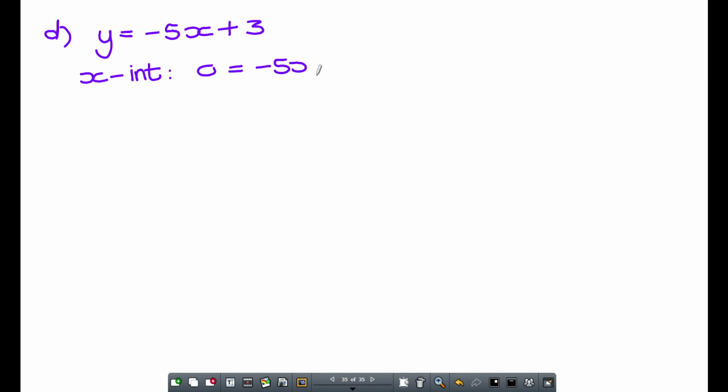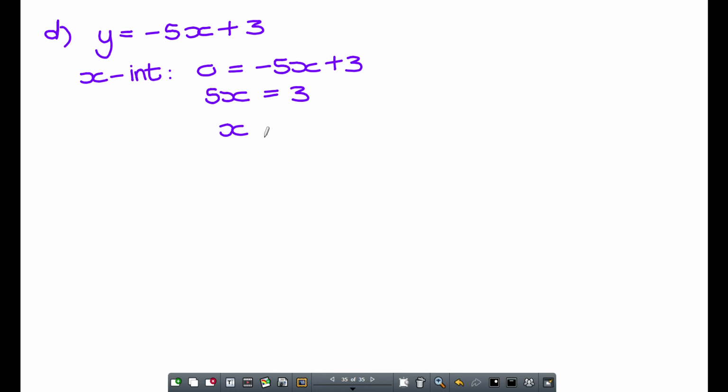Okay, at D, we had y is equal to minus 5x plus 3. Okay, to get the x-intercept, I'm going to make y 0. So I'm going to have 0 is equal to minus 5x plus 3. So take the 5x over, so it becomes positive 5x is equal to 3.